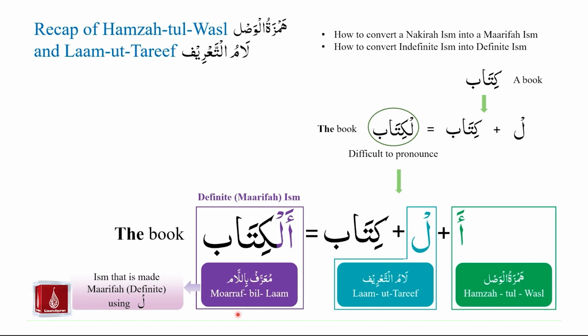Once again, in al-kitab, the hamza is hamzatul wasl, which is brought in to help us with the pronunciation of the word. Lam with the sukun on it is called lamut tarif, which helps us in making indefinite ism into definite ism. And the final product, al-kitab, is called muarraf bil lam.